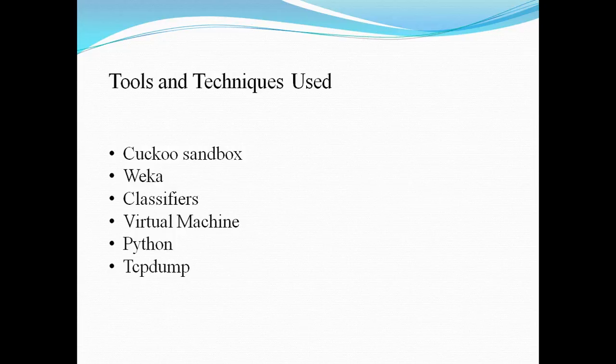Next, I would like to discuss the tools and techniques used. I have used Cuckoo Sandbox for the sandboxing. Cuckoo is nothing but an open source malware analysis system which combines the outputs of various malware analysis tools, both static and dynamic, and gives a detailed output of the working file details, section details, registry details, API details, network analysis details of that particular file in various file formats.